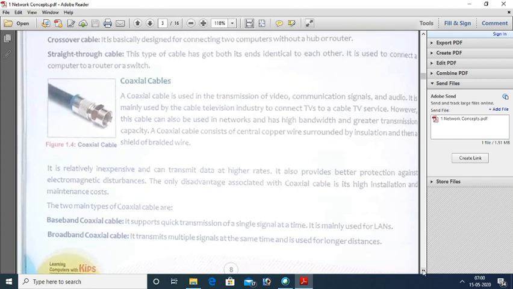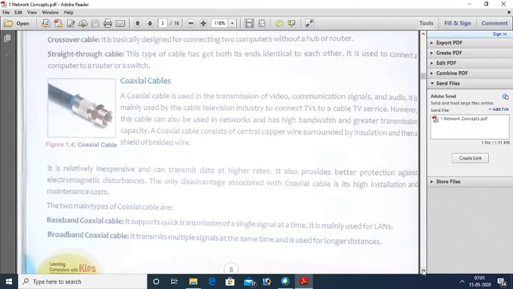Now we discuss coaxial cable. A coaxial cable is used for transmission of video, communication signals, and audio. It is mainly used by the cable television industry to connect TVs to cable TV services. However, this cable can be used in networks with high bandwidth and greater transmission capacity.